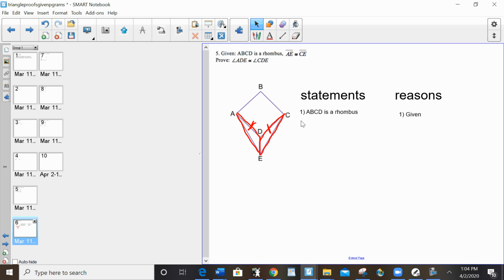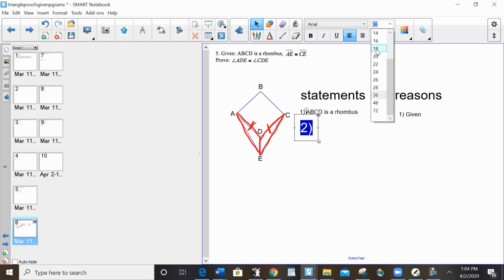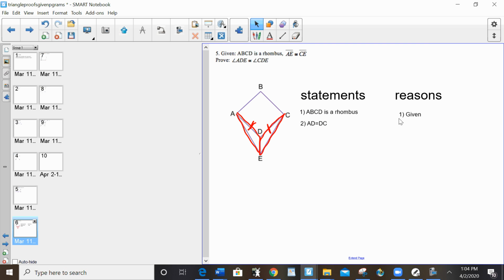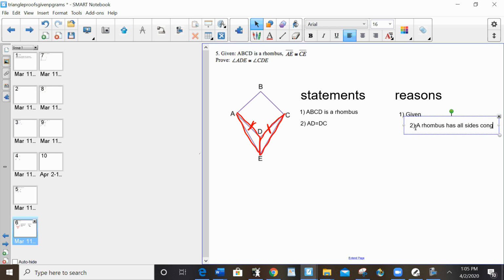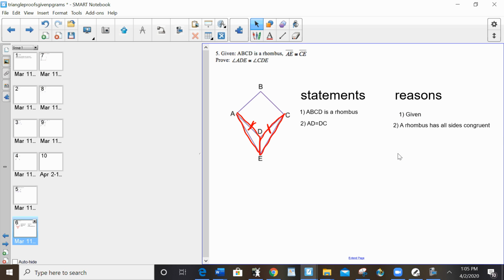And now I can say AD is congruent to DC, and the reason is a rhombus has all sides congruent. That's all we can get from the rhombus. From here we move on.